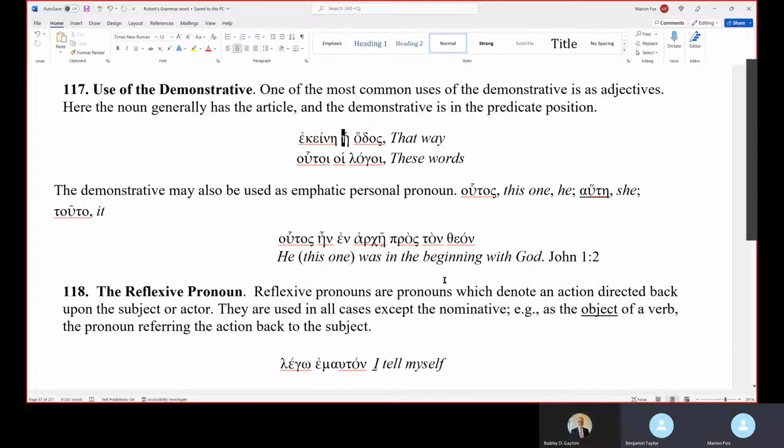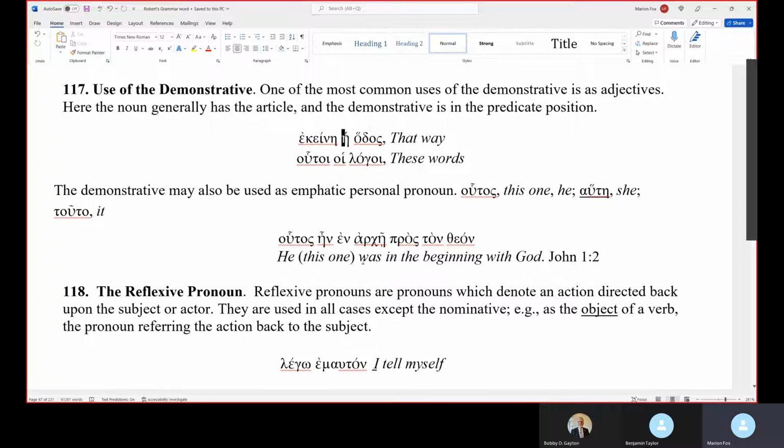There's only one beginning for anything. So arche, beginning, never has the article because there's only one beginning for any one thing. So in the beginning, and the word "the" should be inserted without even being in italics, actually. This one was being in the beginning.